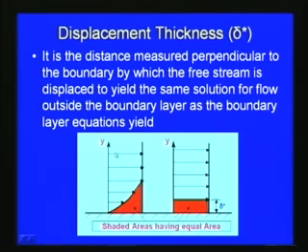Due to the presence of the plate or the solid, where a free stream velocity is already there, and then the boundary layer is introduced, there will be a shifting of the flow behavior. So, this displacement thickness is defined as the distance measured perpendicular to the boundary by which the stream is displaced to yield the same solution outside the boundary layer.